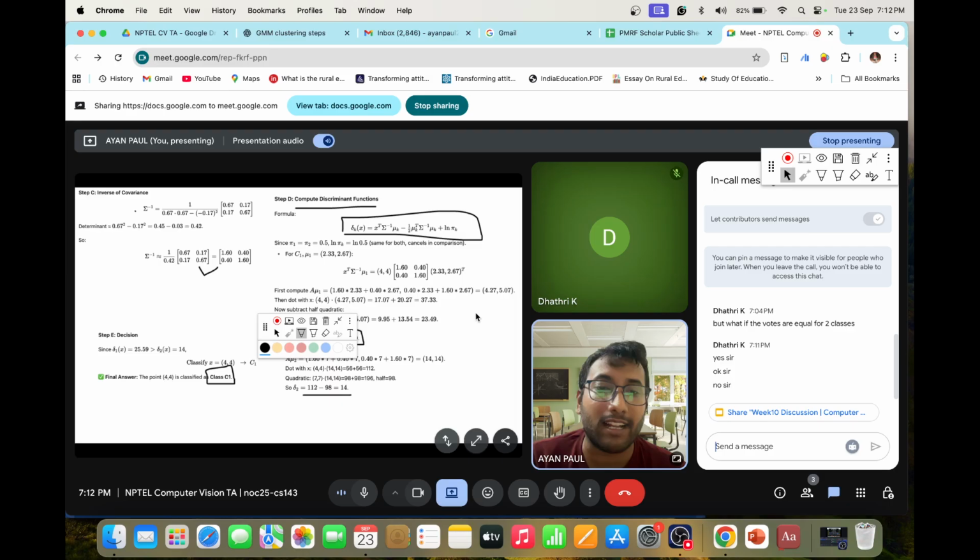And for this discriminant function, we have to calculate sigma inverse, that means inverse of the covariance matrix. So our steps would be: first we calculate mean, second we calculate covariance, third we calculate the inverse of covariance. After that we just calculate the discriminant function, and for which class the discriminant function is coming more, we will say that the target point will be belonging to that class. So this is regarding the LDA classification.